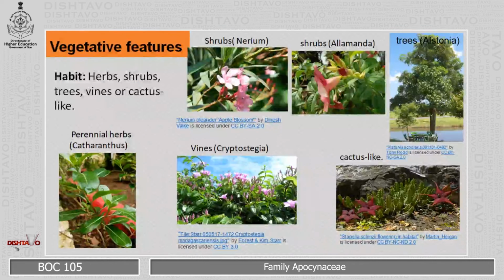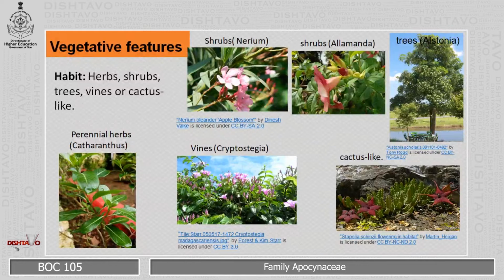Now what are the vegetative features of this family? You can see some of the examples under this family. Normally they are herbs, shrubs, trees, vines or cactus-like. You can see herbs, normal herbs which you see in your garden. We have periwinkle, also called Catharanthus, which is the most common plant coming under Apocynaceae.